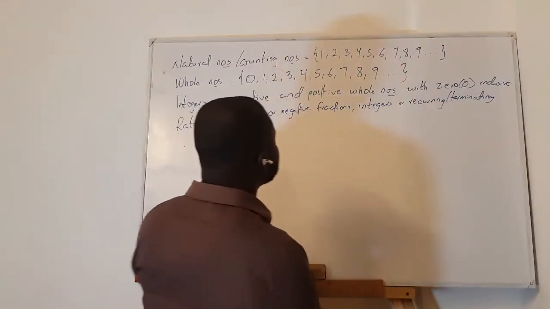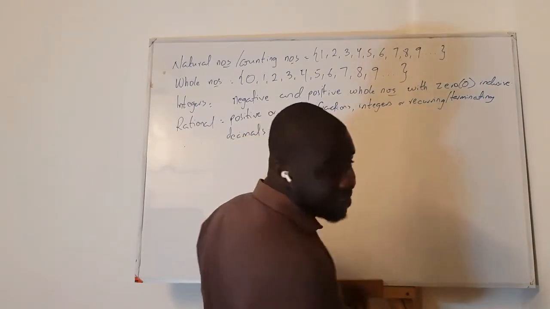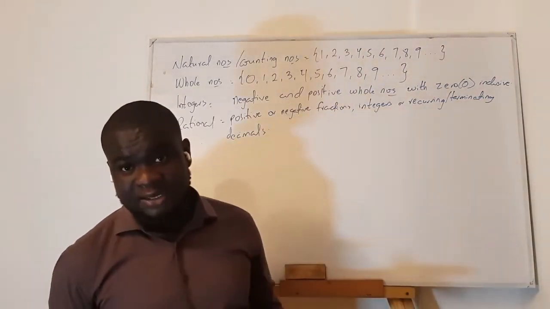So positive or negative fractions, integers, or recurring or terminating decimals. That's what rational numbers are, okay.